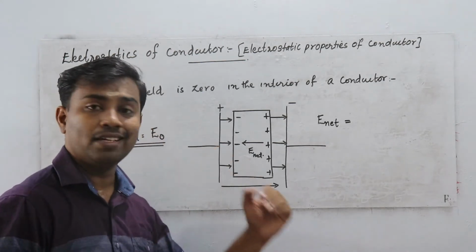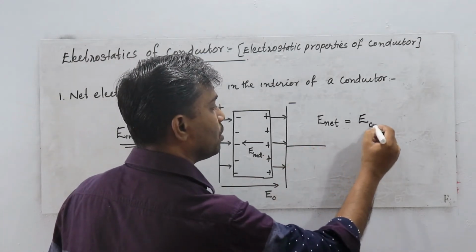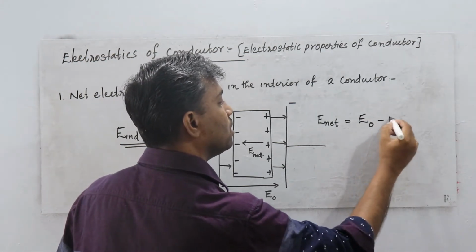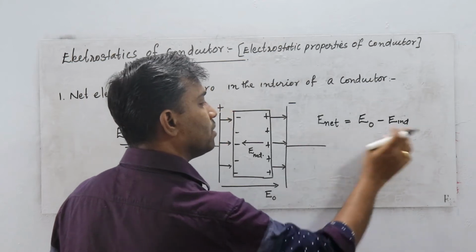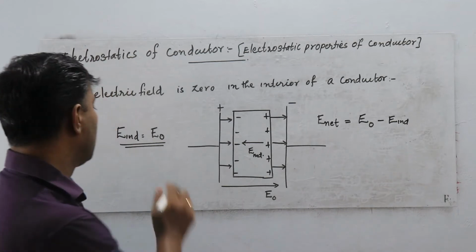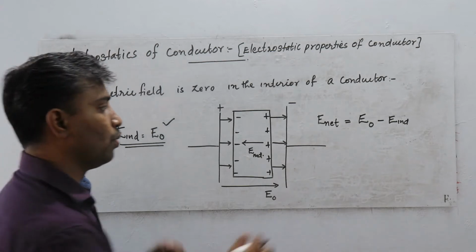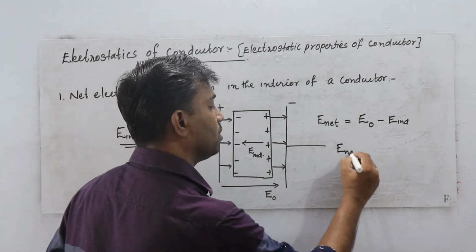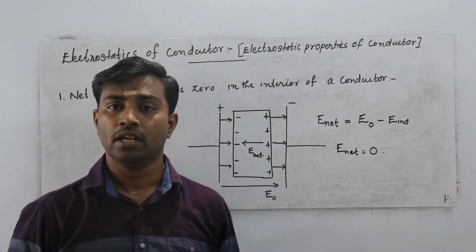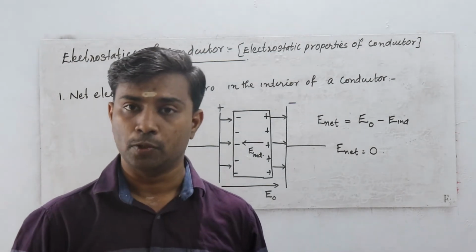So E net is equal to E0 minus E induced. But here E induced and E0 are the same. So what will be the net electric field? E net is equal to 0. So we can conclude that the net electric field inside a conductor kept in an external electric field will be 0.